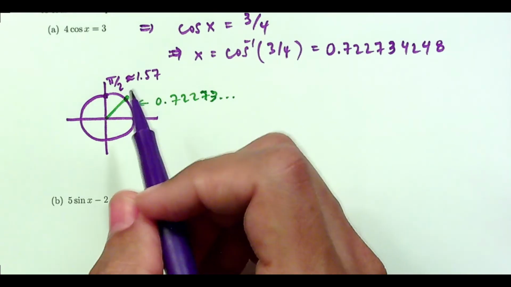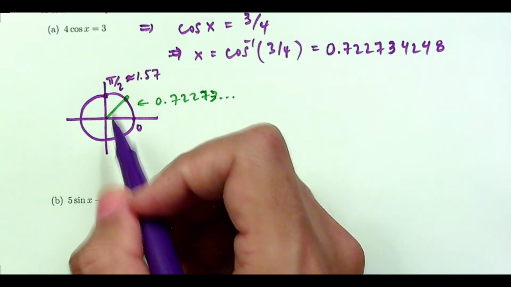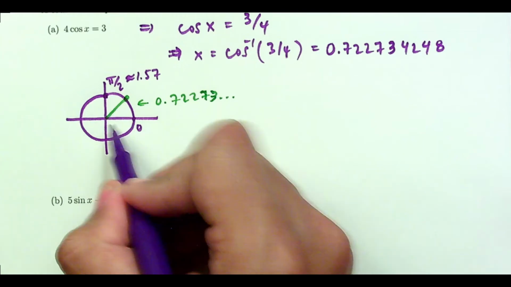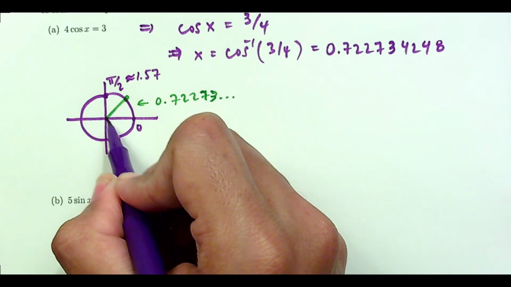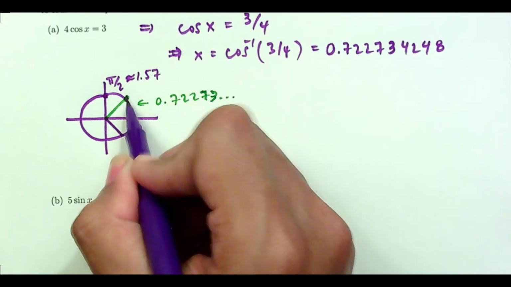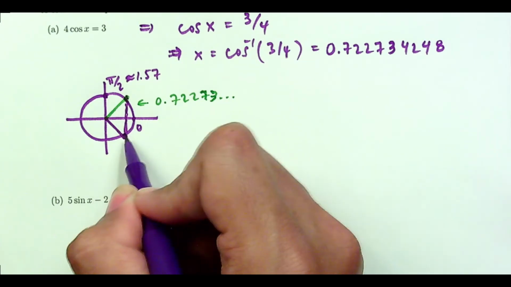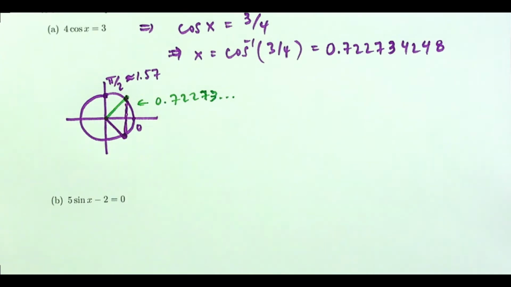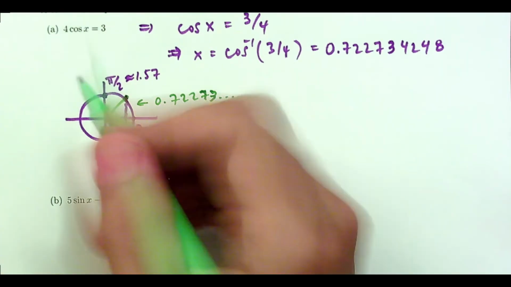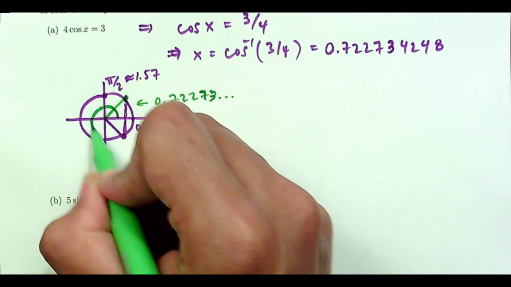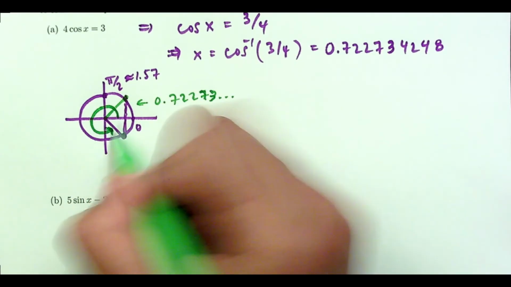Cosine is the first coordinate. Another angle whose first coordinate is the same would be right here. That's another angle with the same x-coordinate. So then, I need to figure out what is this angle right there.